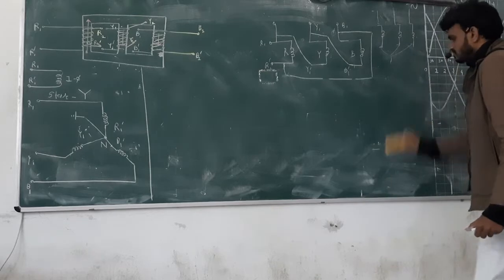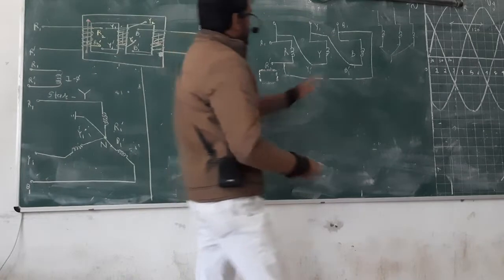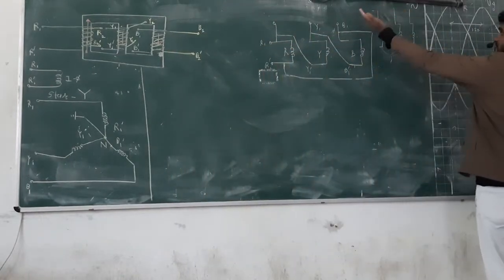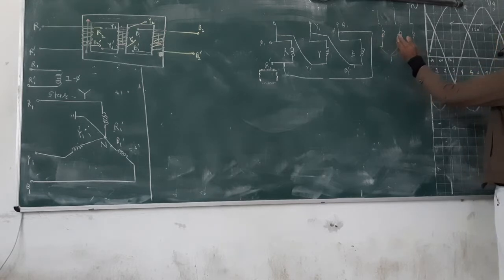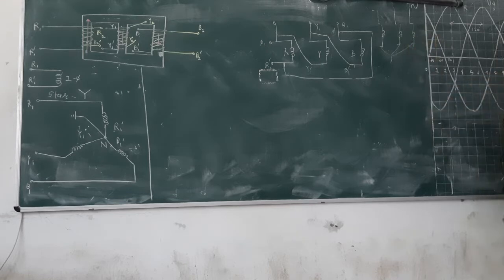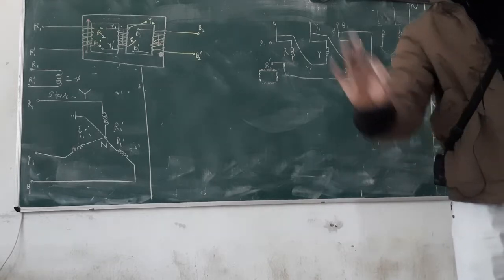Voltage is the same, that means, see, balanced supply. The meaning is that when you give supply here, here and there, 3-phase simultaneously, this will become maximum, after that this will become maximum, after that this will become maximum. But this will become maximum 100, this will become maximum 100, and after that this should also become maximum 100. If it becomes 90, then there will be a fault, we can say. It is not a good condition. It must be balanced, so that all the coils go sinusoidally: 0, maximum, 0, negative maximum, 0.